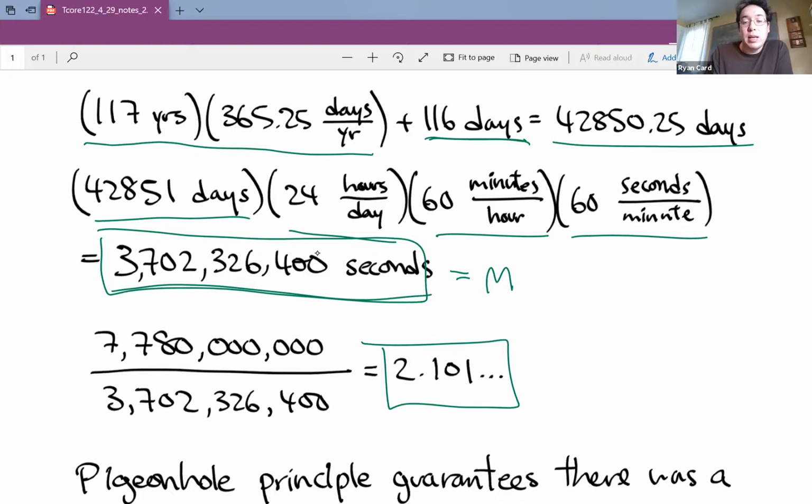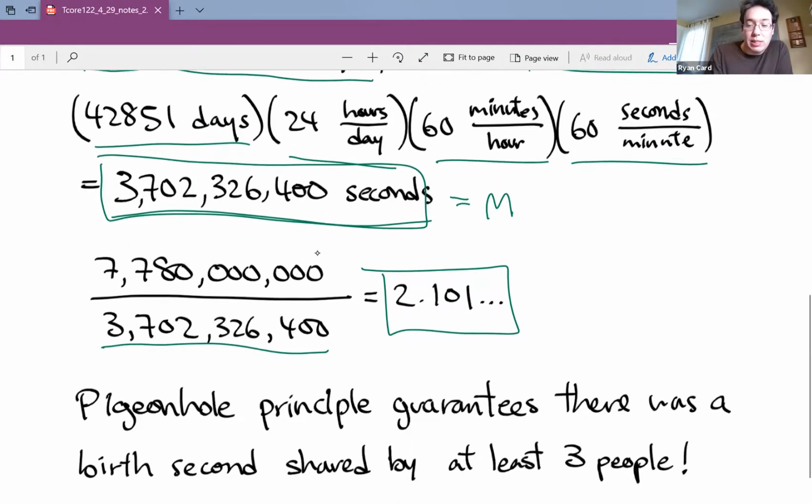This means more than twice the number of seconds goes into the number of people. So the pigeonhole principle guarantees that there's at least one birth second that was shared by at least 3 people because it's strictly more than 2. So 3 people have to share the same birth second.